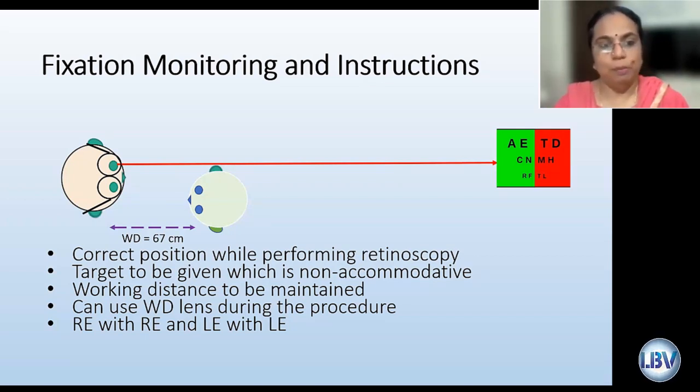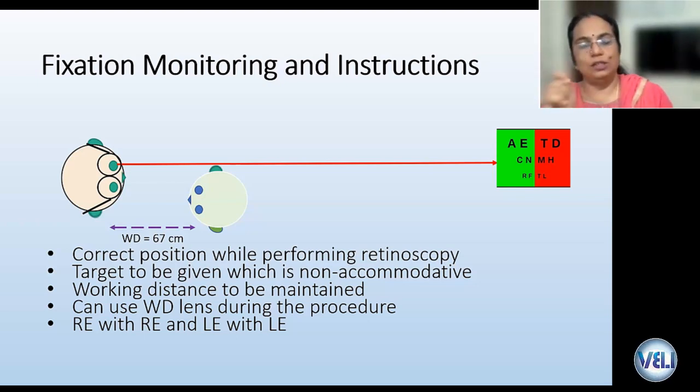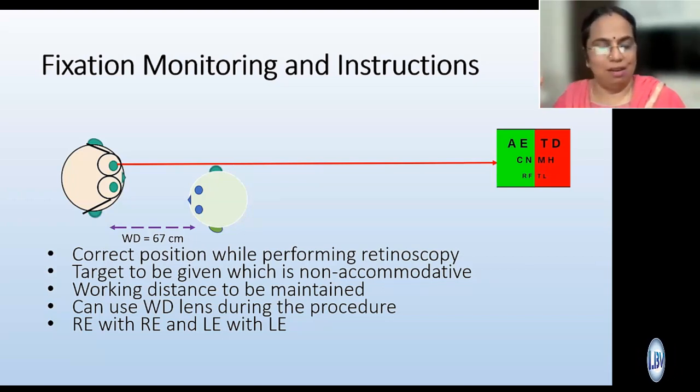Important, remember to maintain your working distance all through the procedure, and do the right eye with the right eye and the left eye with the left eye. Now, the reason why we repeatedly say do right with right and left with left is basically because when you're doing the right eye with the right eye, you're not blocking the other eye. If you're sitting in front like this and doing it, you are blocking the patient's view, and therefore the patient is going to look at what is right in front of them, not over and above your head, right?